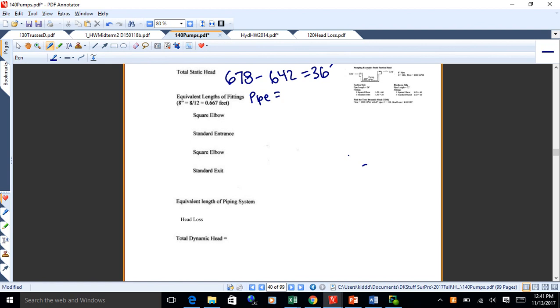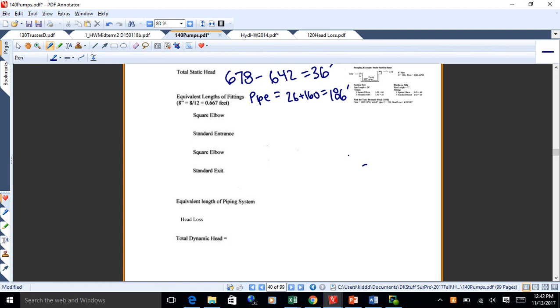How long is the pipe we've got to push the water through? 186. 186? Yeah, looks good. 26 and 160. Everyone picking that up okay? So we've got to push the water through 26 and 160 feet of pipe.